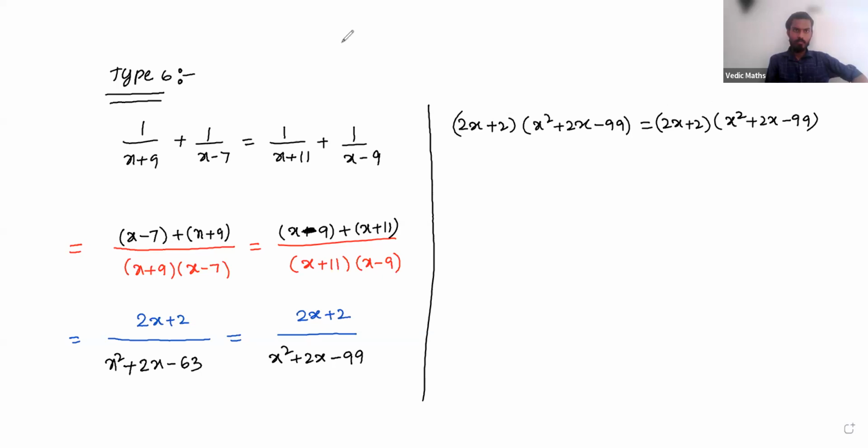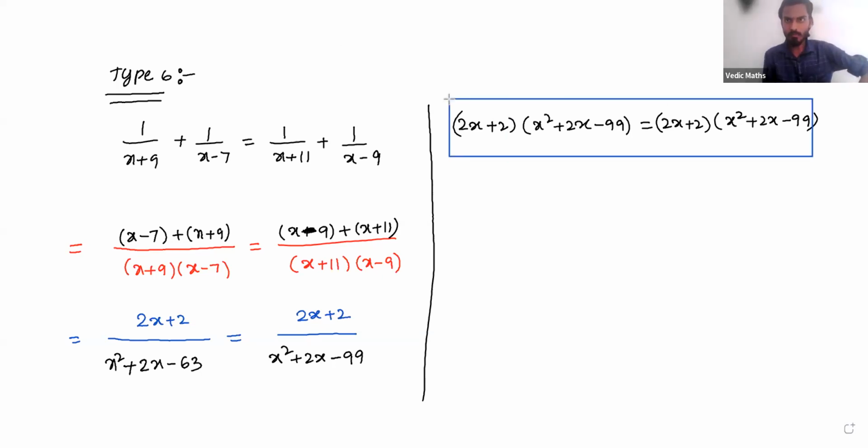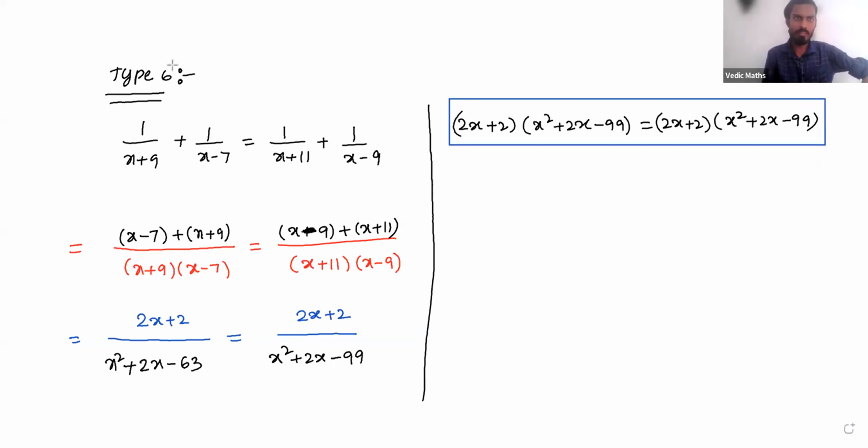In this case, if you want to solve this problem, satisfying it is nothing but getting the same answer on the right side and the left side. That means it is satisfied for any such value. Wait, one is not 63, one is 60.